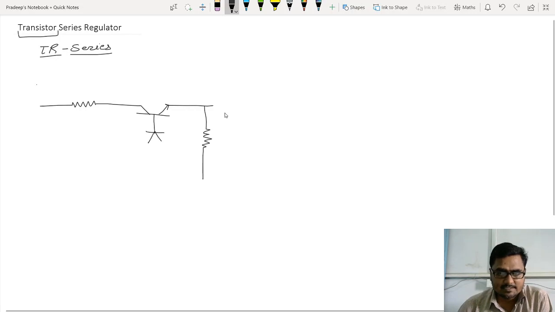To the base I am connecting one Zener diode, then to the Zener diode one extra resistor that I have connected, and this is my common or ground line.